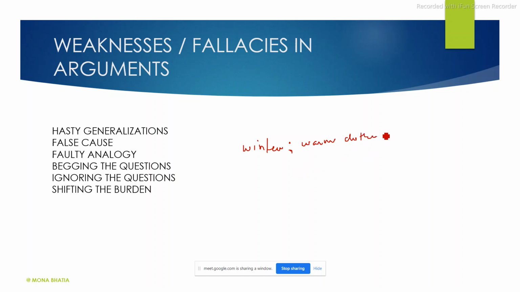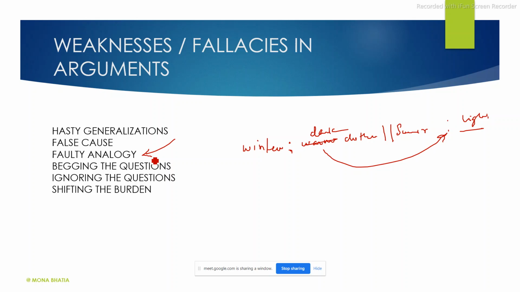And second I wrote summer, and here dark clothes, and here I wrote summer. So through analogy you can find out on your own what will happen. This is called finding out analogy. Winter, dark clothes; summer, definitely light clothes, right? So when you try to draw a faulty analogy, that means you are not trying to understand the situation properly. When someone makes an irrelevant comparison, stretching an analogy beyond its natural elasticity, he is presenting a false analogy.